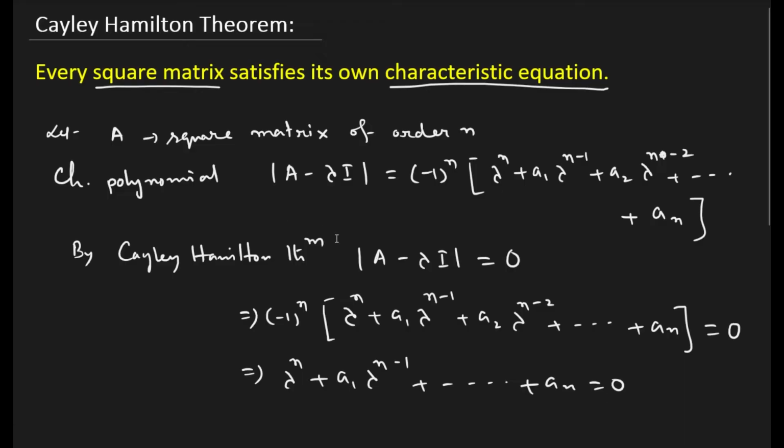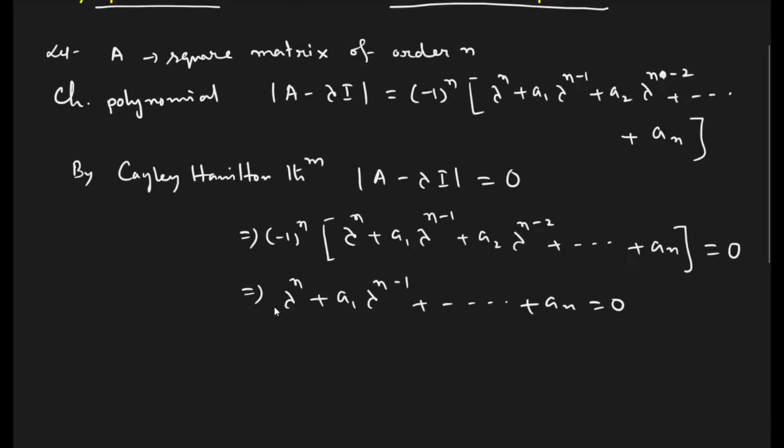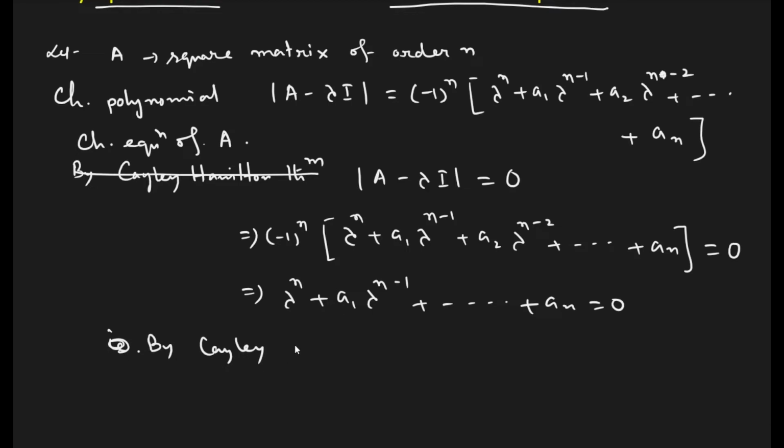So according to the statement, this characteristics equation must be satisfied by capital A. So here you can better write characteristics equation of capital A. So now this will be by Cayley Hamilton theorem.